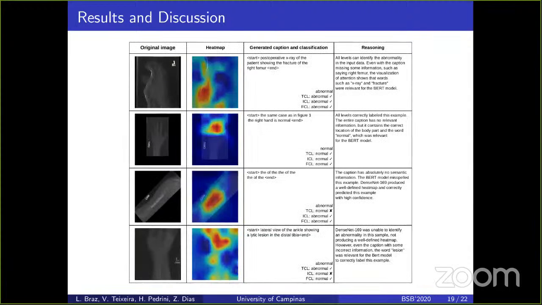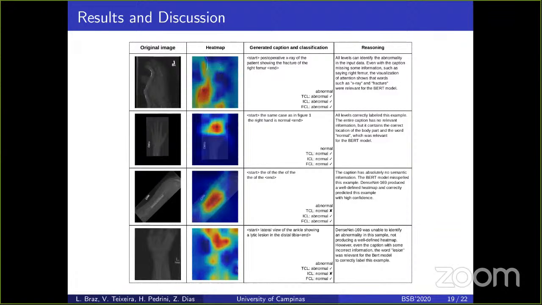Here, we analyzed specific examples from the test set and the predictions on each level. Here, we have the original image, the generated heat map by the class activation map, the CAM, on the DenseNet 169, and the associated generated caption, the predictions and actual class, and some reasoning for each example.